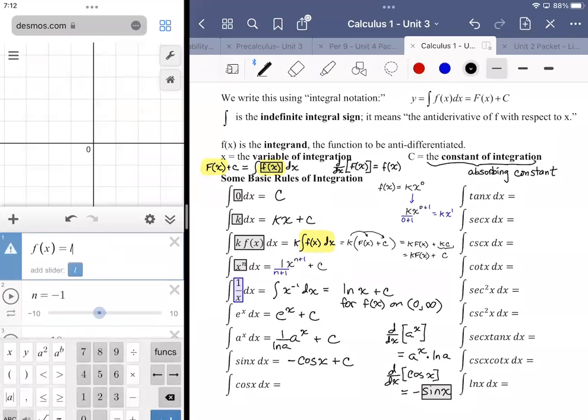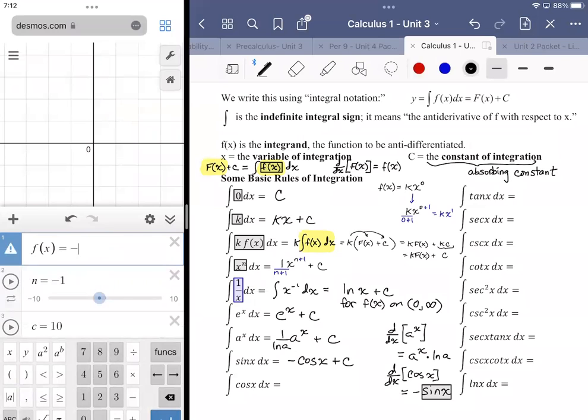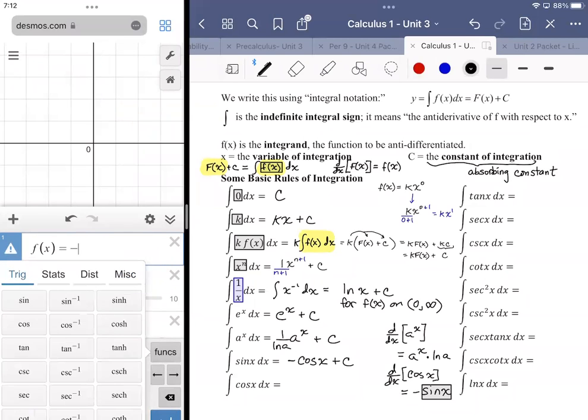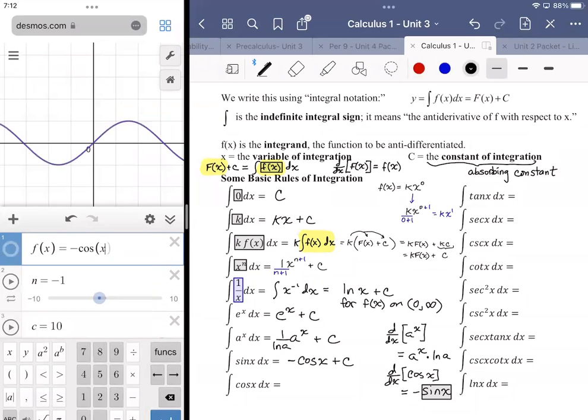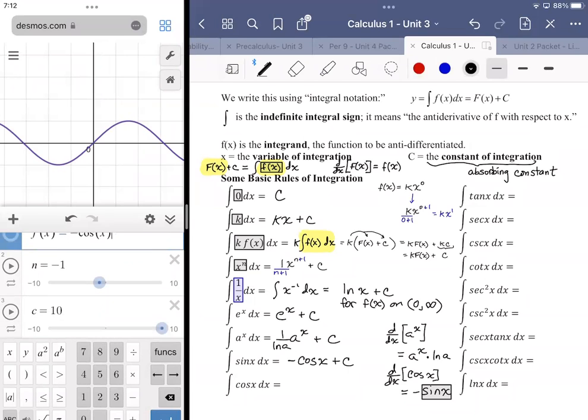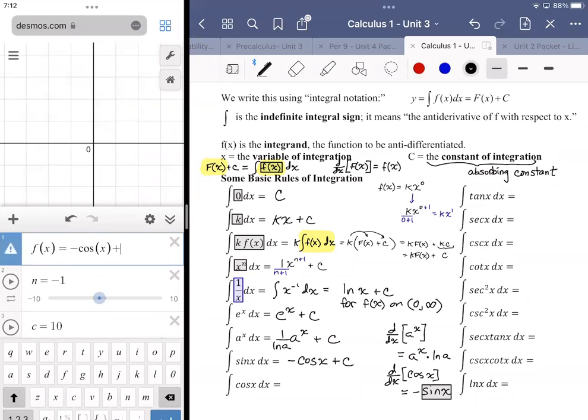And at any point, you test these out by popping them into Desmos. You put in your antiderivative. Let Desmos figure out what its derivative would be. That should give you your integrand.